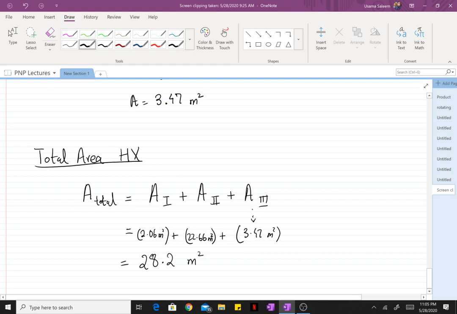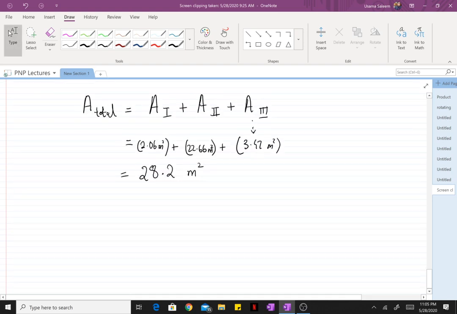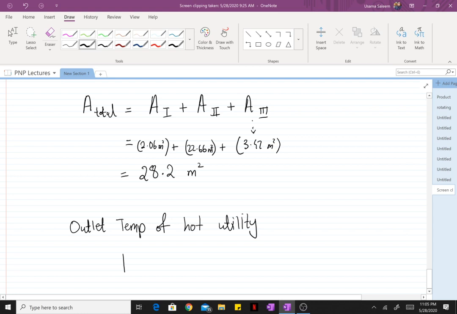So a couple of closing remarks. In this problem, the variable that we picked was the outlet temperature of our hot utility. We picked the outlet temperature to be 174 degrees Celsius.